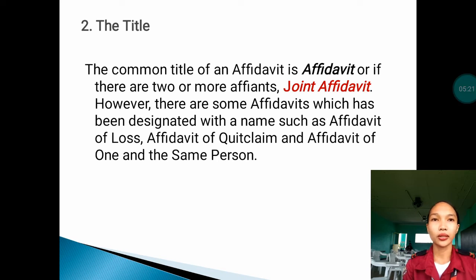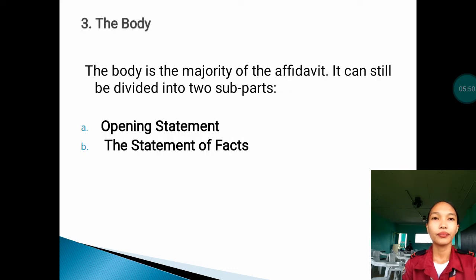Second, the title. The common title of an affidavit is affidavit, or if there are two or more affiants, joint affidavit. However, there are some affidavits which are designated with a name such as affidavit of loss, affidavit of quitclaim, and affidavit of one and the same person.